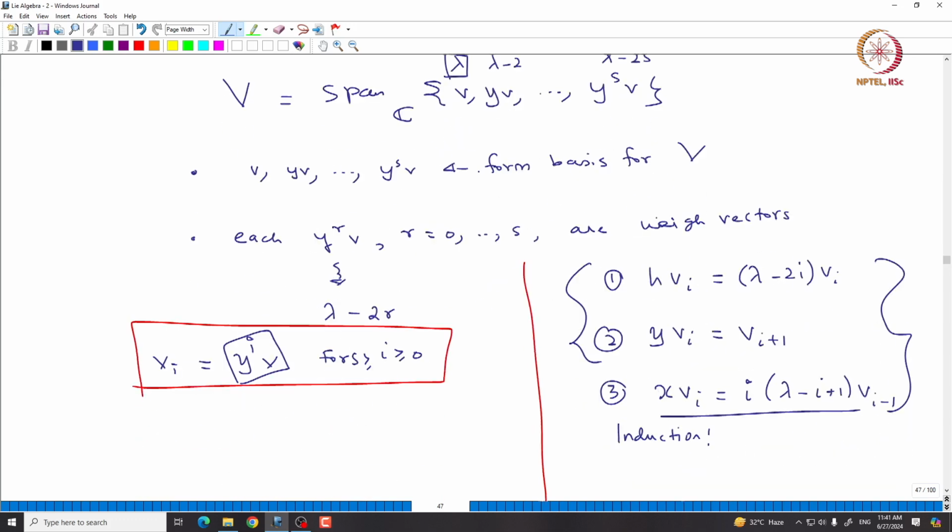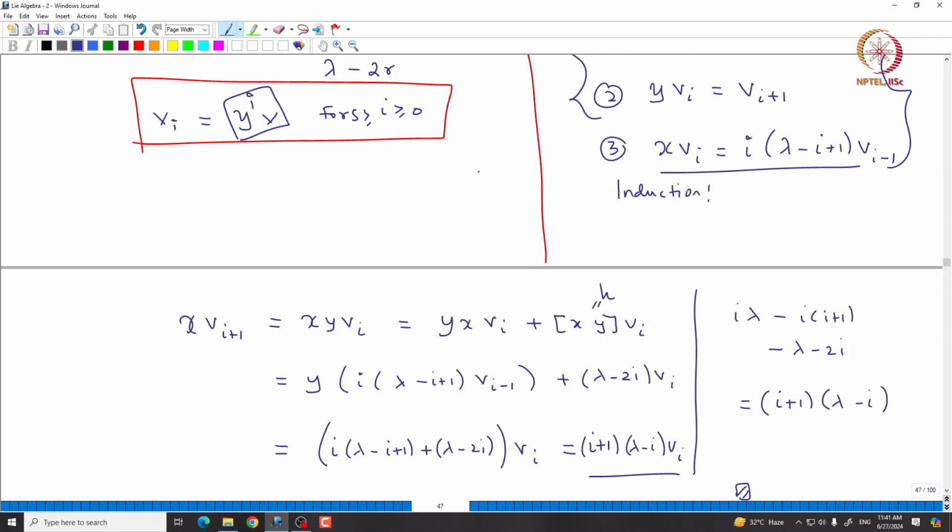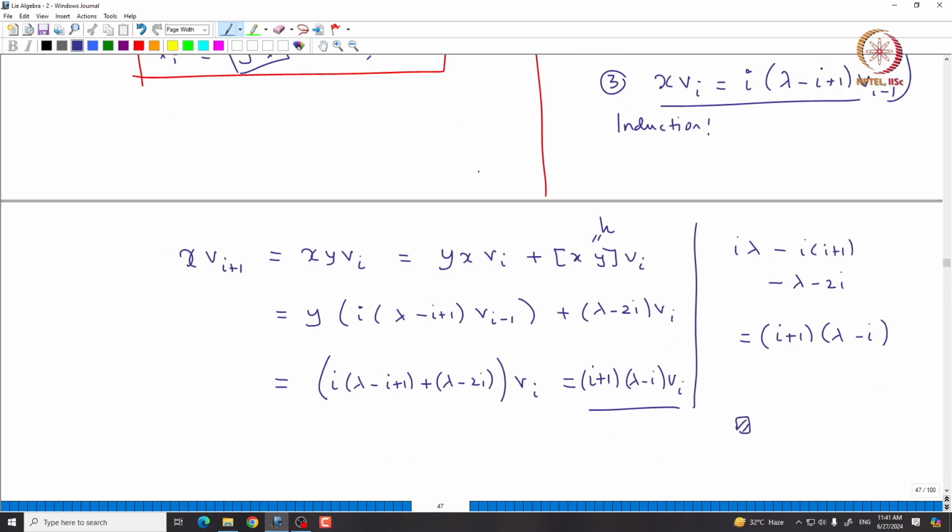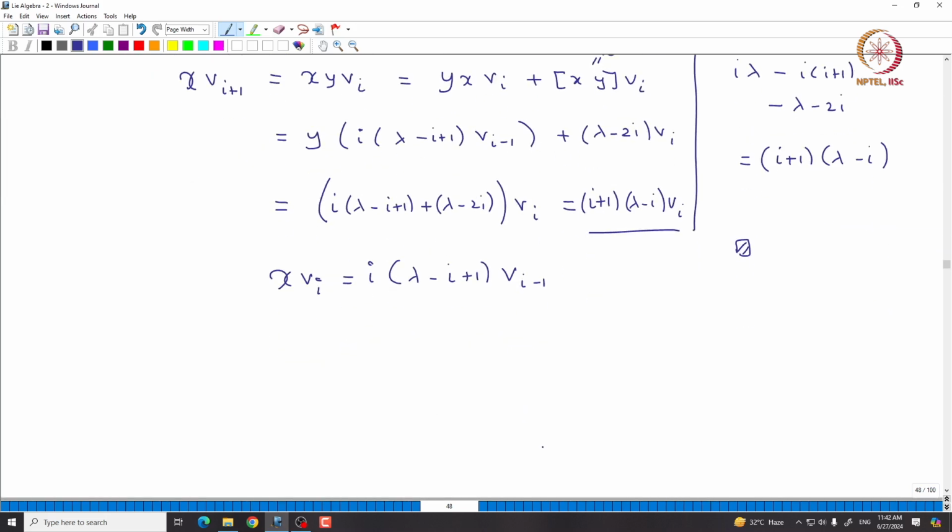But these calculations say something very important. Let's look at this formula: x v i is i times lambda minus i plus 1 v i minus 1, and it is true for all i greater than or equal to 0, no issue. In particular we can put i equal to s plus 1.